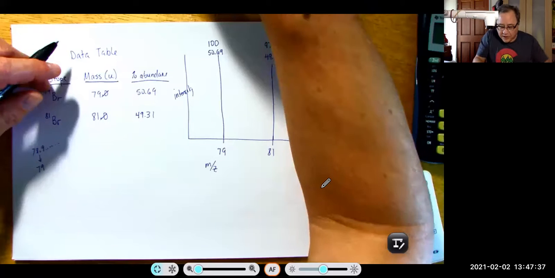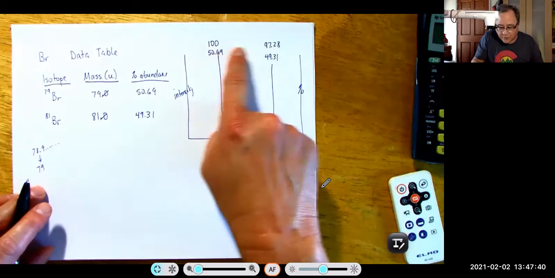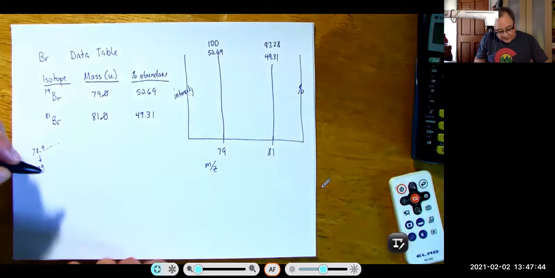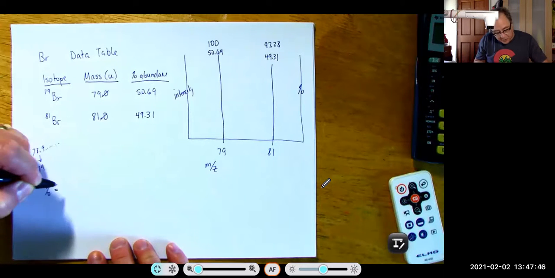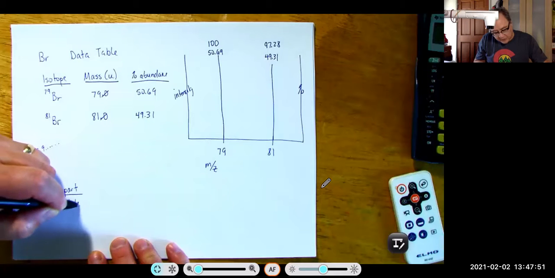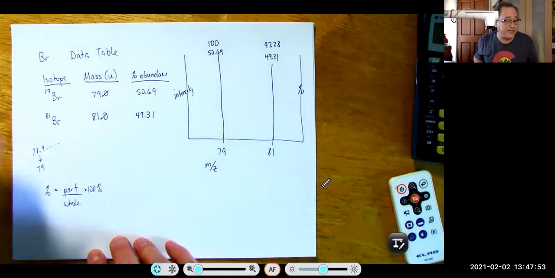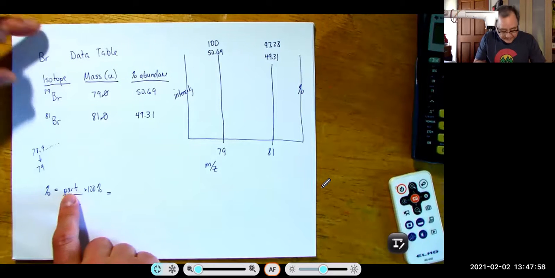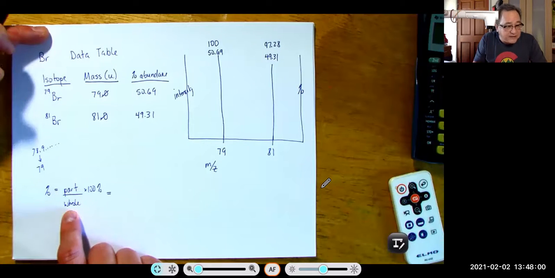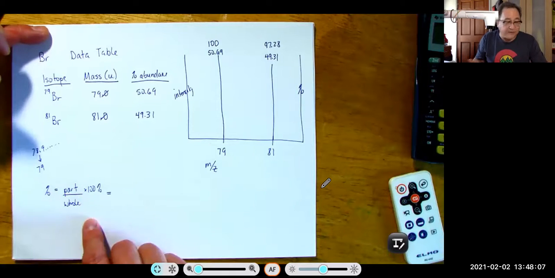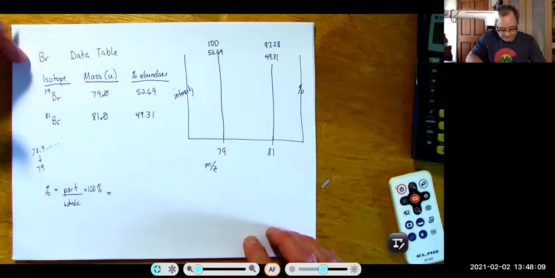So I want to show you how you can take that 100 and the 97.28 and get 50.69. So the deal is percentage is equal to part over whole times 100%. That's how you calculate percentage. So if you have 5 brown eggs out of 10 eggs total, 5 out of 10 is 0.5 times 100, 50% of your eggs are brown.